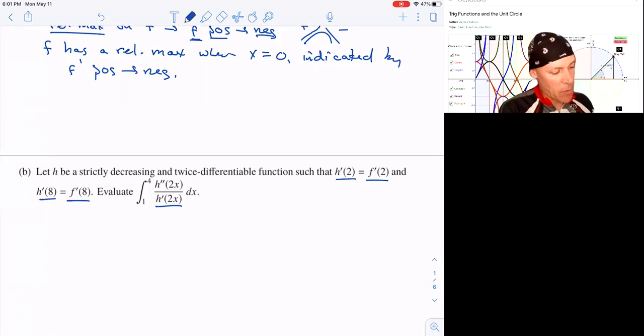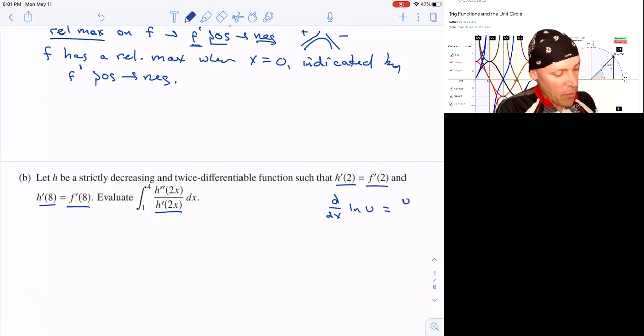This is one of those where you might have seen the derivative of the natural log of u. The derivative is going to be u prime over u.